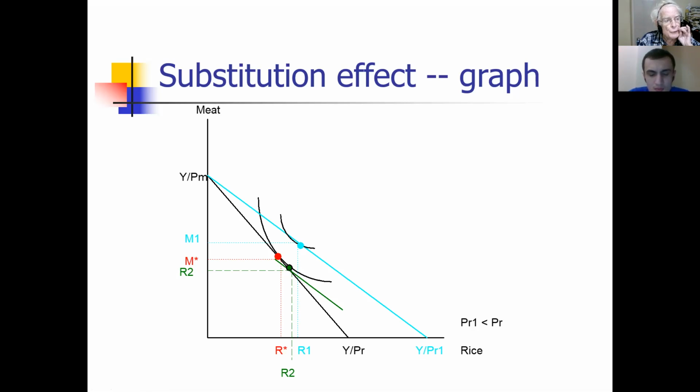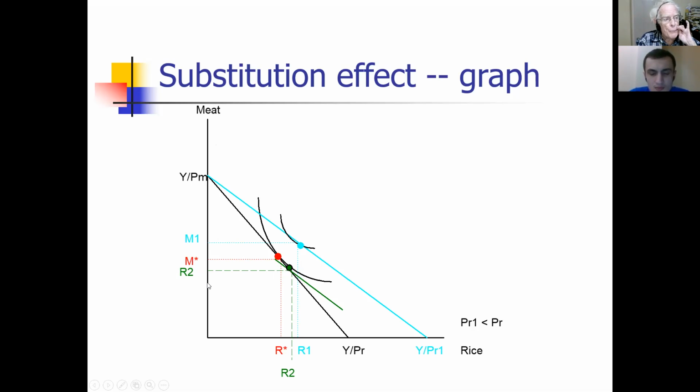But in addition to that, we have an income effect for meat as well. The income effect is positive. With our money income, we can buy more meat and more rice than before, but we are shifting from here over to here.